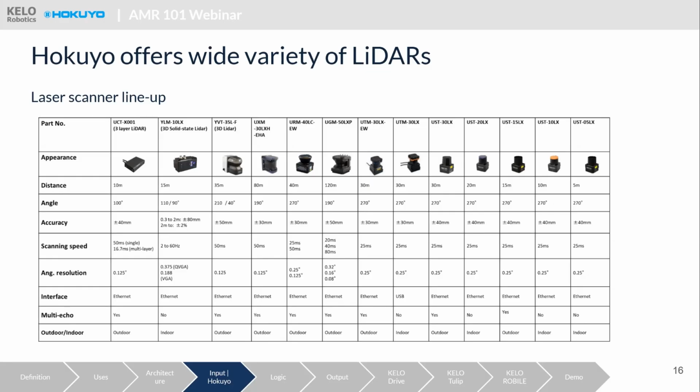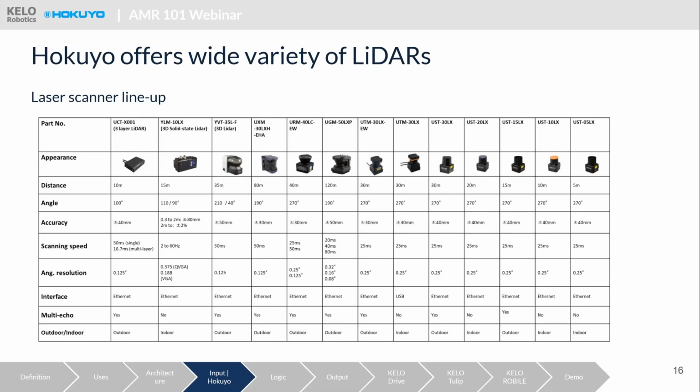And there are short-range scanners like USD scanners, ranging from 5 to a maximum of 30 meters, depending on the model you choose. USD 10LX, for example, is the device that KELO integrated on their robot. It has a 10-meter measurement range with an angular resolution of 0.25 degrees, and this is the most common option for indoor robot navigation.